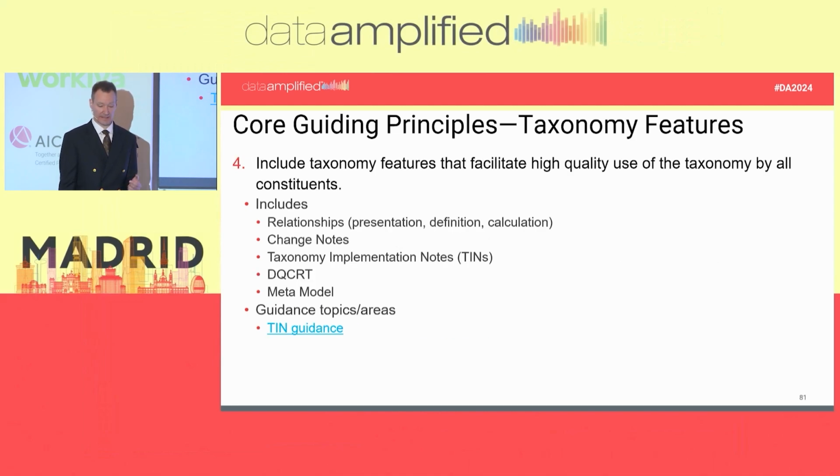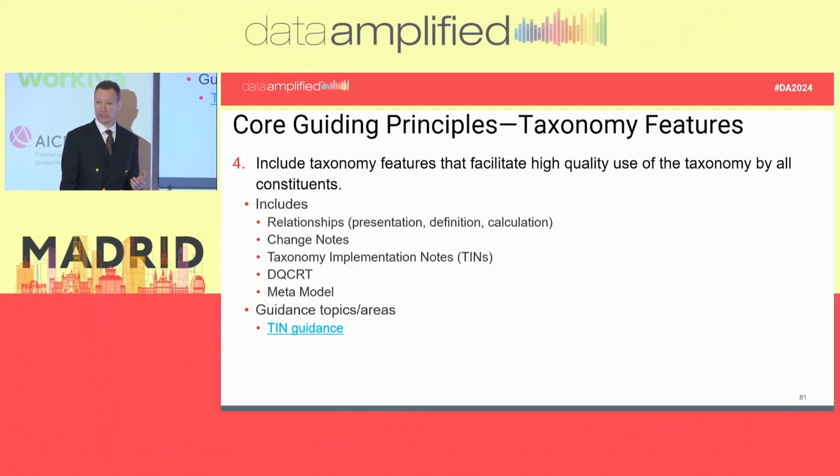And so lastly, the last deep dive is the fourth principle, which is that we want to ensure we include taxonomy features that facilitate high use of the taxonomy by all our constituents. And that's everything that we do as far as including the relationships, providing the calculations that show numerically how they relate to each other, structuring the presentation so that elements are easily discoverable by the users, providing change notes which highlight what has been added, what has been deprecated, if we've modified the references, and that sort of information.